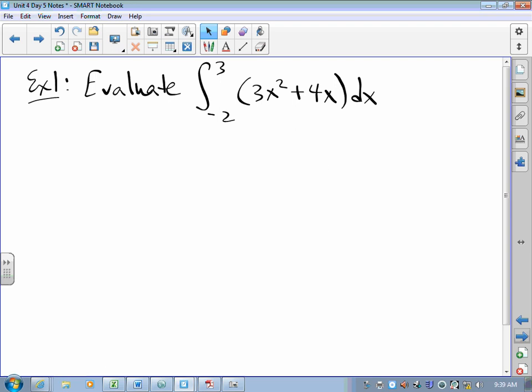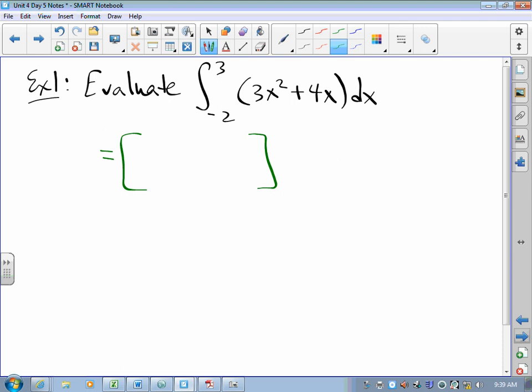And so I think to myself, all I need is an antiderivative of 3x squared plus 4x. Well, the antiderivative of 3x squared appears to be x cubed, because the power goes up by 1, divide by the power, the 3's cancel. And the antiderivative of 4x is 2x squared.